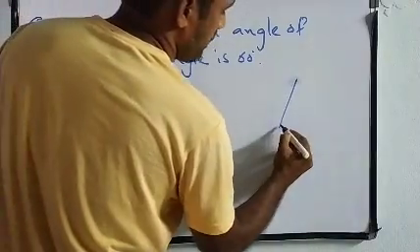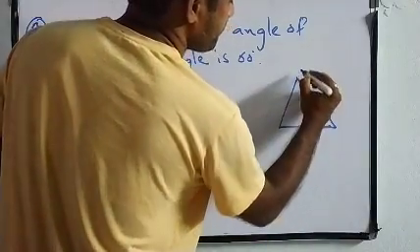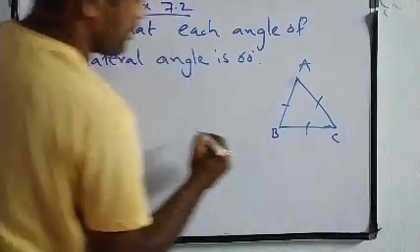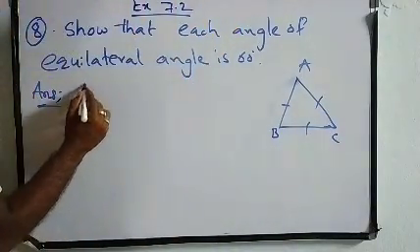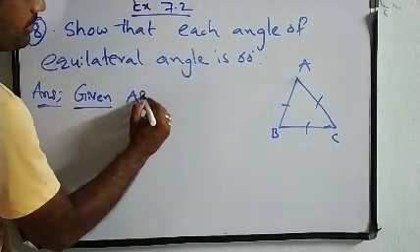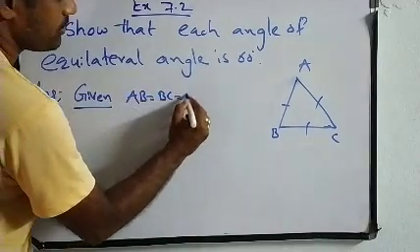Let us take triangle ABC in which all sides are equal. So given AB is equal to BC is equal to AC.